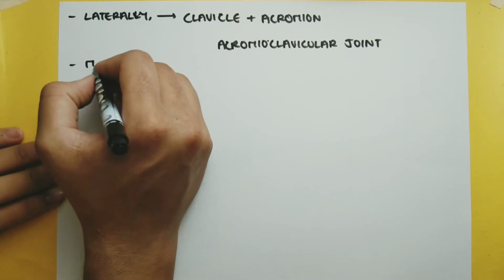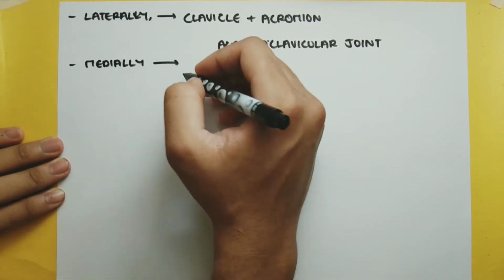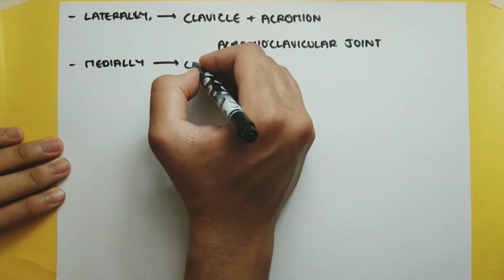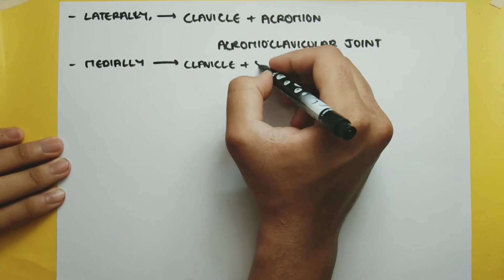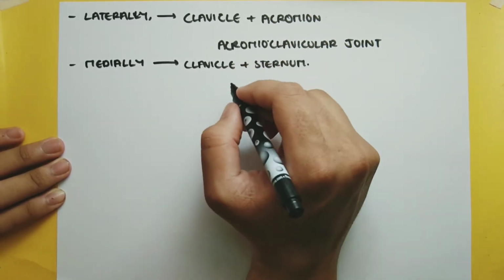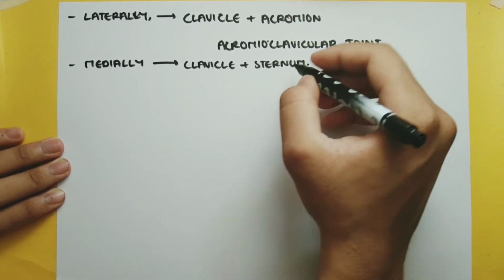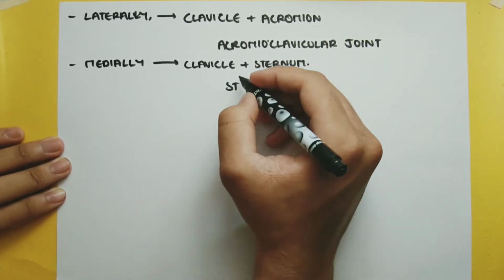And medially, the clavicle attaches to the sternum, which gives rise to the sternoclavicular joint.